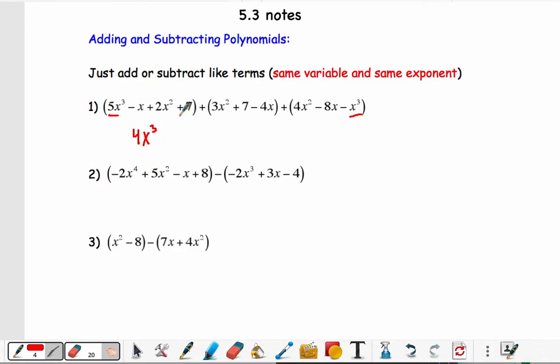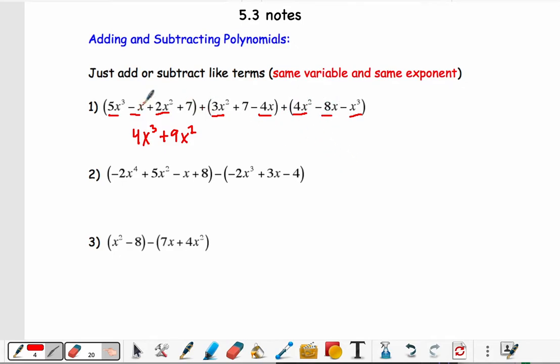Now we'll jump to squareds. I have a 2x squared plus a 3x squared plus a 4x squared. So 2 plus 3 plus 4, last time I checked, is 9, so I got plus 9x squared. Now I'll do my x's. I have a negative x plus a negative 4x plus a negative 8x.